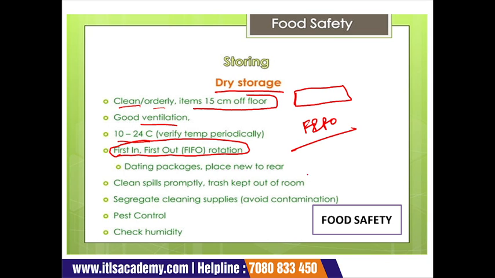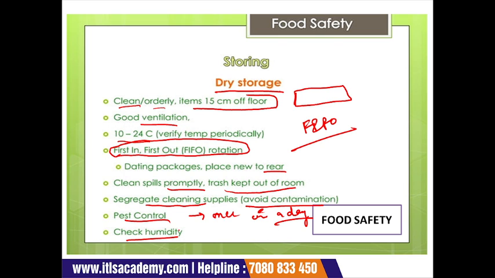Date packages, place new to rear, clean spills promptly, keep trash out of the room, segregate cleaning supplies to avoid contamination. Pest control should be done properly, at least once a day. And you have to check the humidity. If the humidity is high, then it will also spoil the food product.